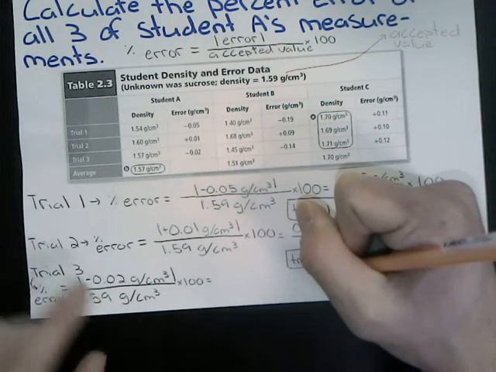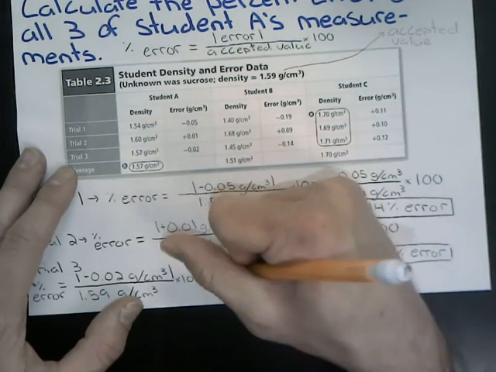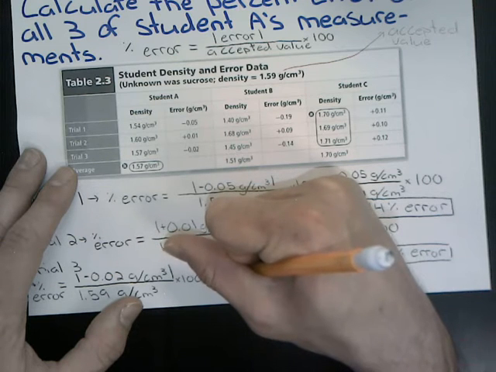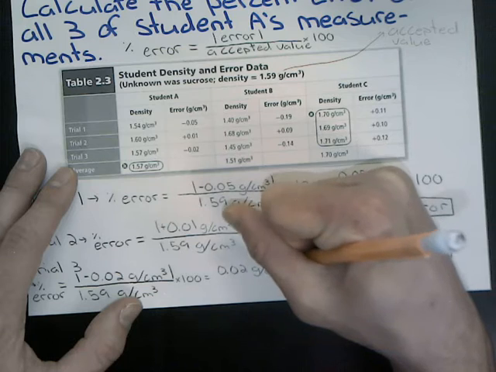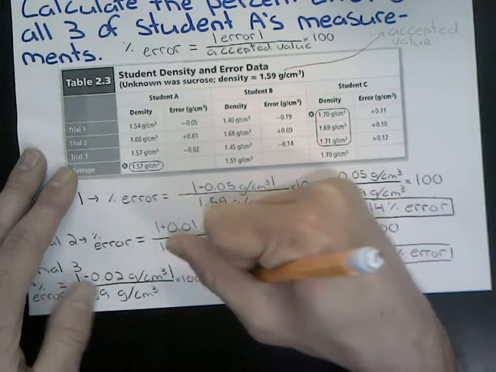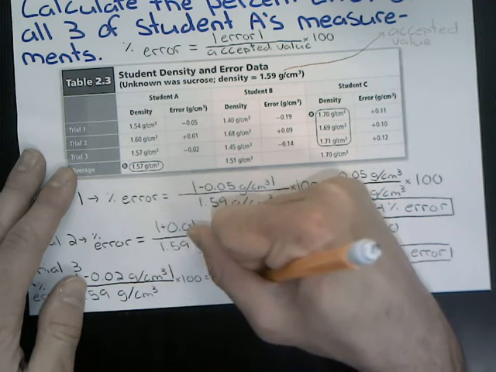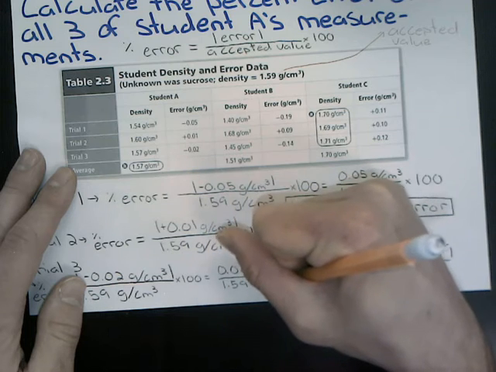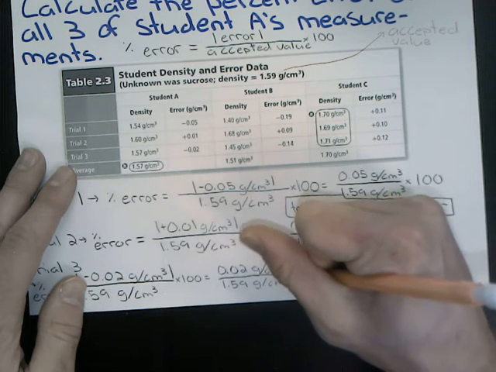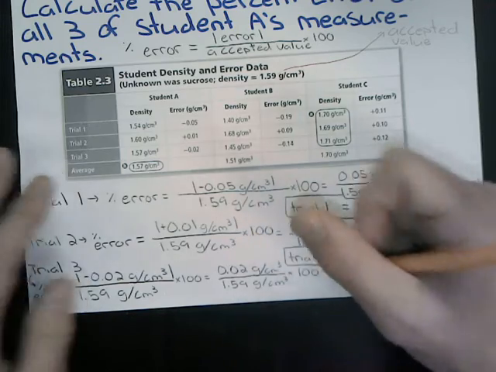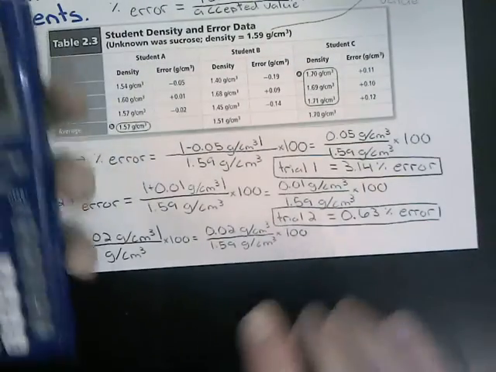Remember, the absolute value means that we have no negatives, so we have 0.02 grams per centimeter cubed divided by 1.59 grams per centimeter cubed times 100. Okay, so I'm going to plug this into my calculator.